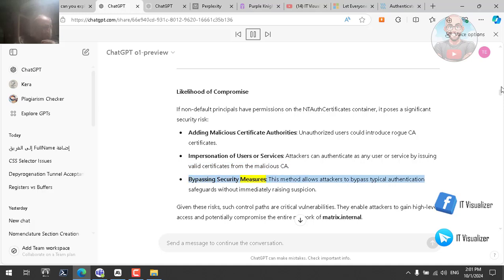Bypassing security measures. This method allows attackers to bypass typical authentication safeguards without immediately raising suspicion. Given these risks, such control paths are critical vulnerabilities. They enable attackers to gain high-level access and potentially compromise the entire network of matrix.internal.